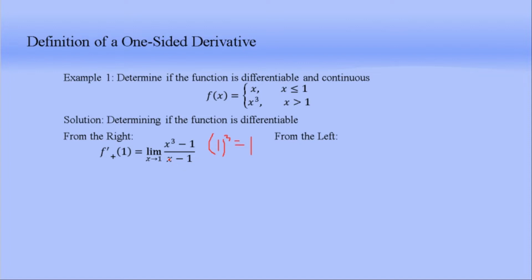Also here, we just keep x as it is, minus 1, which is x minus 1. Now we simply cancel the negative 1 from the numerator and the denominator, and all that is left is x cubed over x.